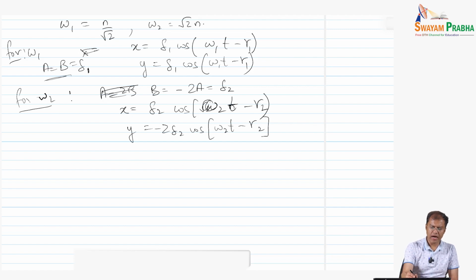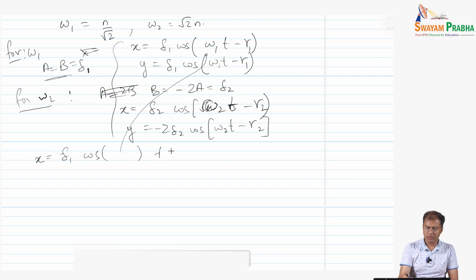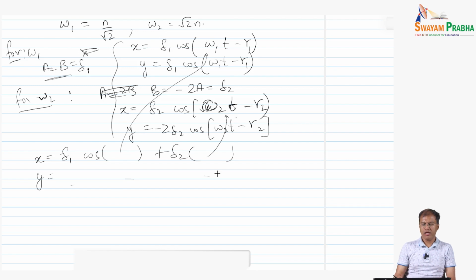And then when we add these two solutions, we get that the total solution is x is delta 1 cos of this quantity here plus delta 2 cos of this quantity here, and similarly y will have the corresponding solutions in terms of delta 1 and delta 2. Before we wrap up this discussion of the string mass system, we see whether the system is periodic or not.